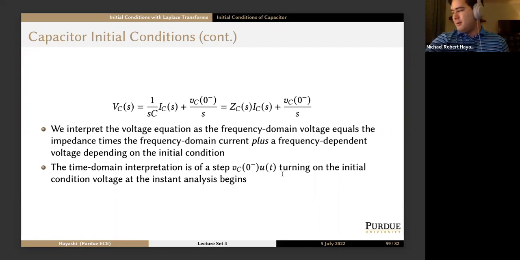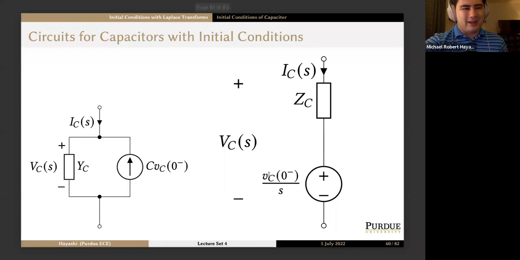So in circuit form, we have this. IC of S is equal to YC times VC of S minus this current. So watch the polarity. This current opposes the overall current of the capacitor. And notice this overall current goes through both components. This current is C VC of 0 minus in S domain land.